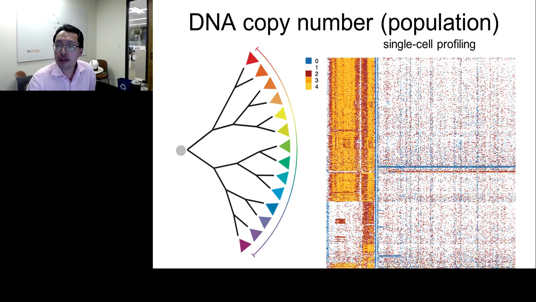Shown here is the DNA copy number heat map of 500 cells of chromosome 4. So each row here corresponds to the DNA copy number at 1 megabase bins on chromosome 4.